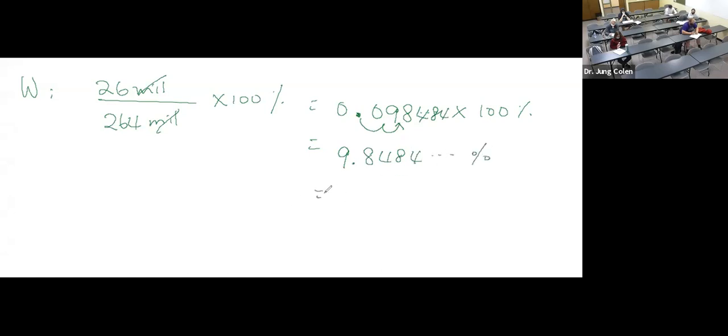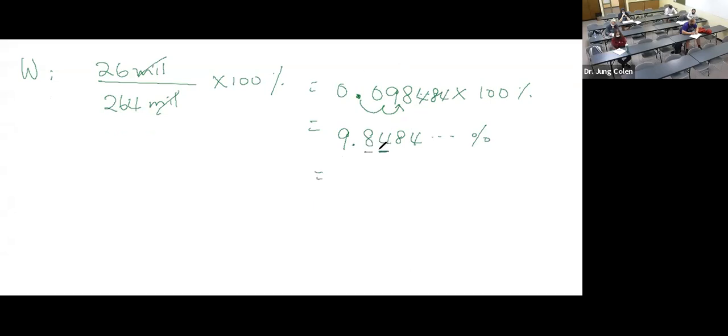So if we are rounding this to the hundredth, you need to look at the tenth and hundredth, and look at the next digit, which is 8. Since it's bigger than 5, you need to round this up, right? It's going to be 9.85%. It's an approximate number. Are we good with rounding?